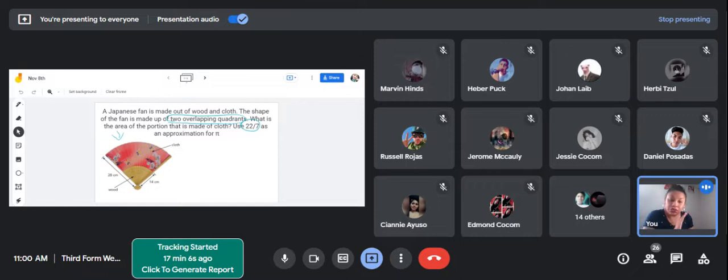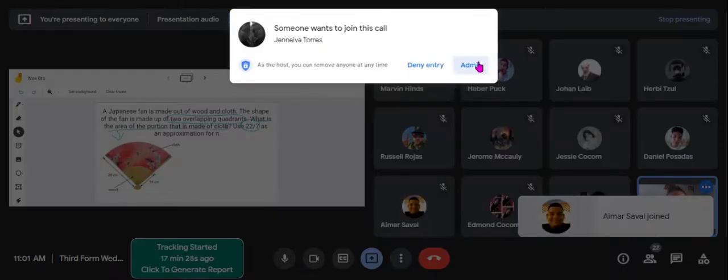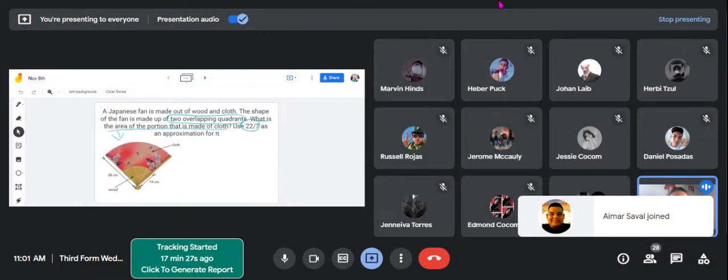So for this question, we do not use 3.142 because the question directly tells you what they want you to use. So now, what do I need to find? What is the area of the portion that is made out of cloth? I just want to find that little pink portion.